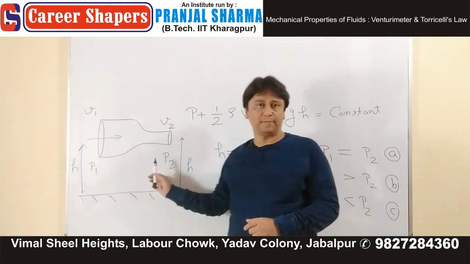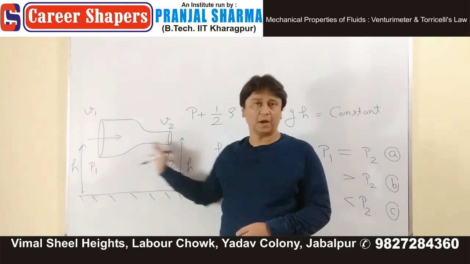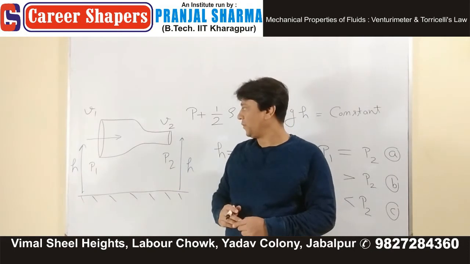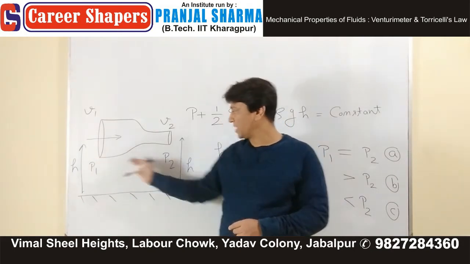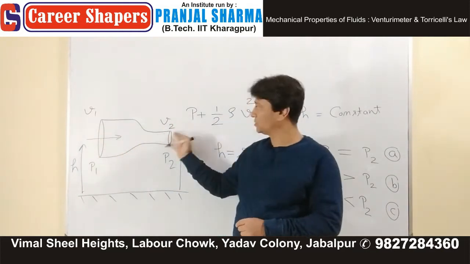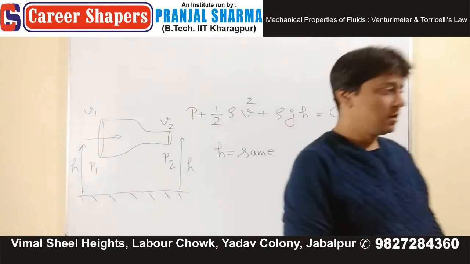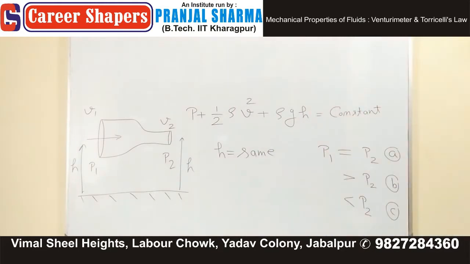You have a pipe with different cross-sectional areas, A1, A2. Pressure at this place is P1, pressure at this place is P2, velocity at this place is V1, velocity at this place is V2. Then which option do you think will be correct? If without my help, I ask you to solve this question.